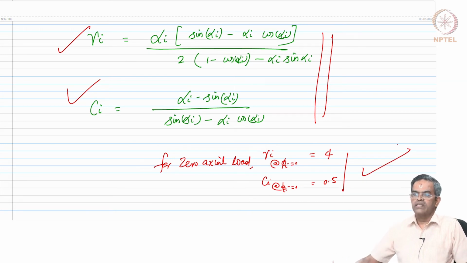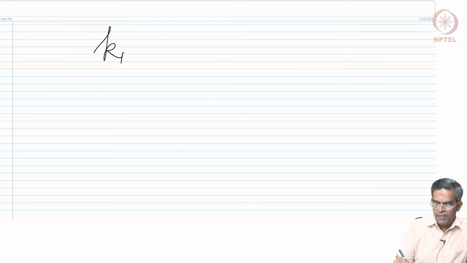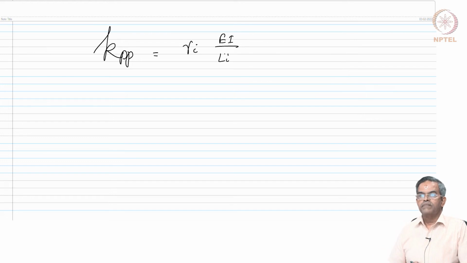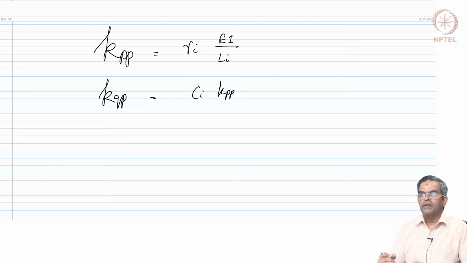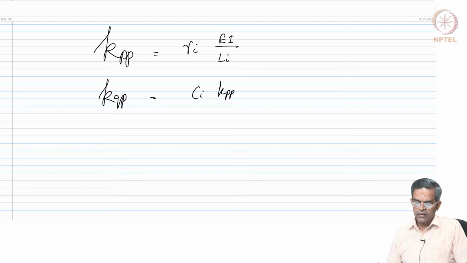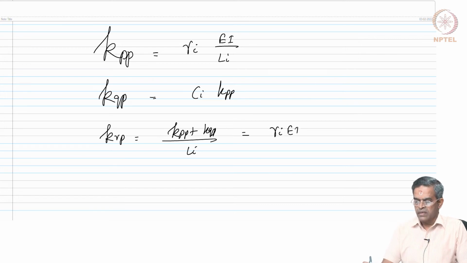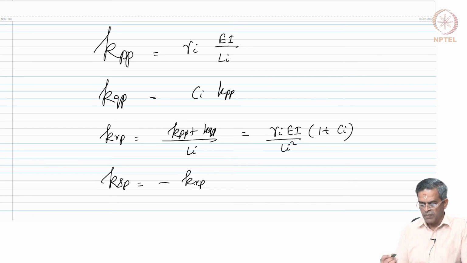Furthermore, friends, we made a very interesting and comprehensive statement saying that KPP is Ri of Ei by Li, KQP is Ci of KPP, and KRP is KPP plus KQP by Li, which becomes Ri Ei by Li square of 1 plus Ci, and we already know KSP is minus of KRP.